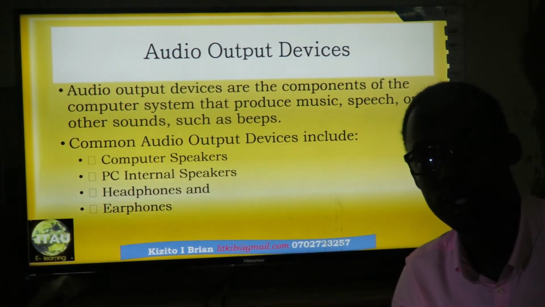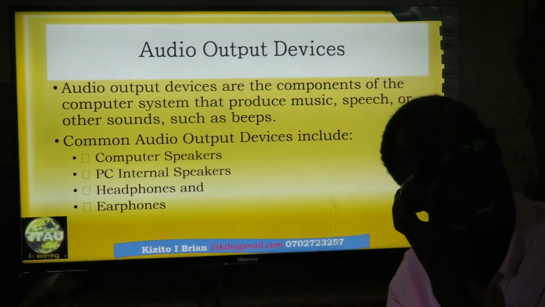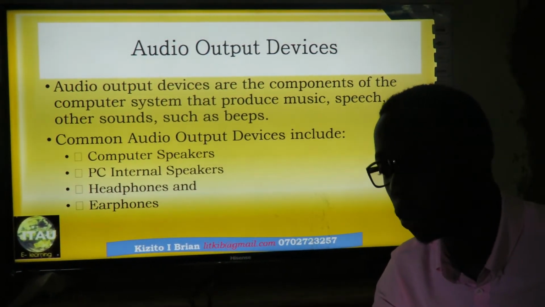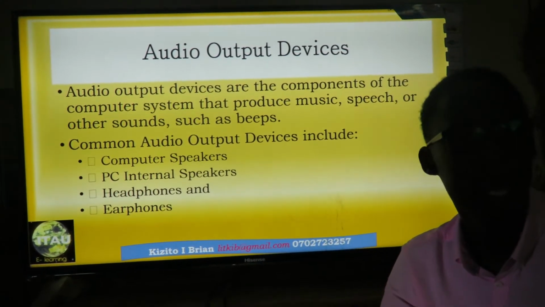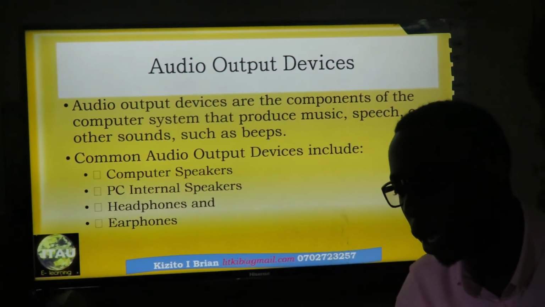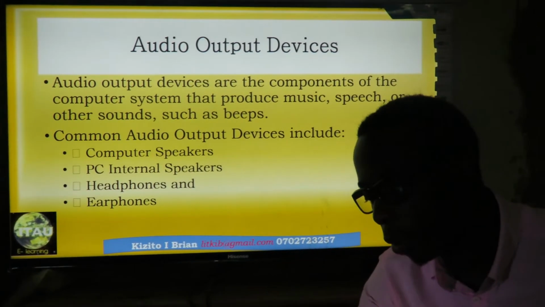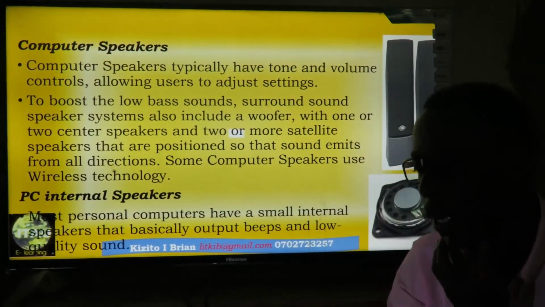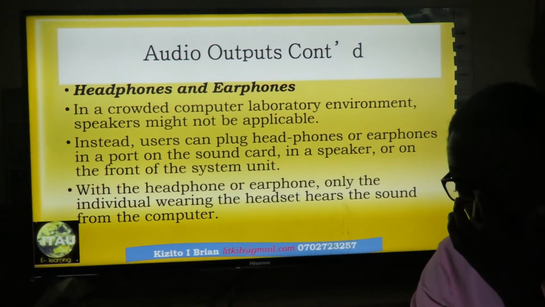Audio output devices are devices that produce audio information from the computer. Information that is produced by computers can come out via speakers, some external and some internal. We have headphones and earphones. Those all can help in producing the audio output.